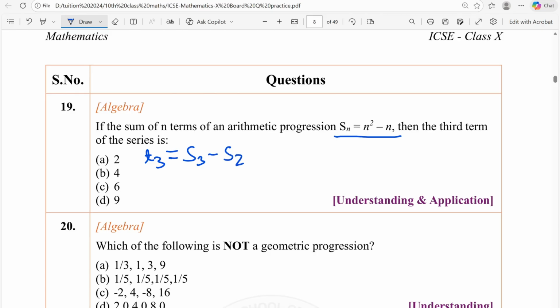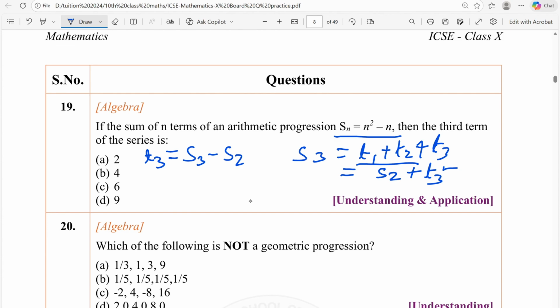That means, see, S2 is term 1 plus term 2, and S3 means term 1 plus term 2 plus term 3. This is your S2, so S3 is S2 plus term 3. So term 3 equals S3 minus S2.